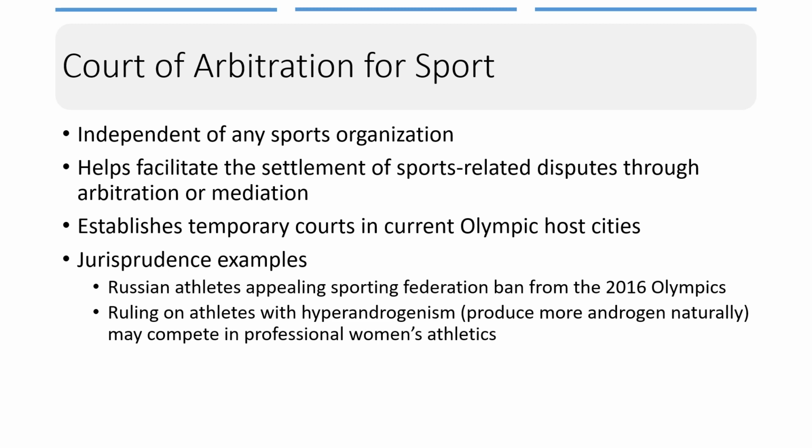The CAS has the authority to establish temporary courts in the Olympic host cities to address specific cases during the Games, and notable examples include Russian athletes appealing bans from their respective sporting federations for the 2016 Olympics, and CAS ruling on the eligibility of athletes with hyperandrogenism, higher than natural androgen levels, to compete in professional women's athletics.